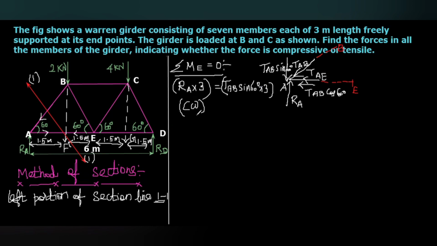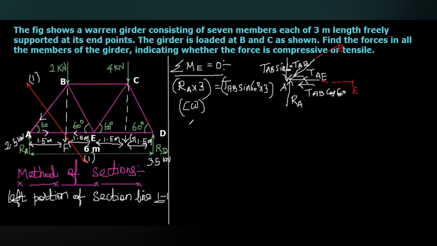Here we know the value of reaction RA, which is equal to 2.5 kilonewton, or RD, that is 3.5 kilonewton. This we already calculated in the reaction calculations.